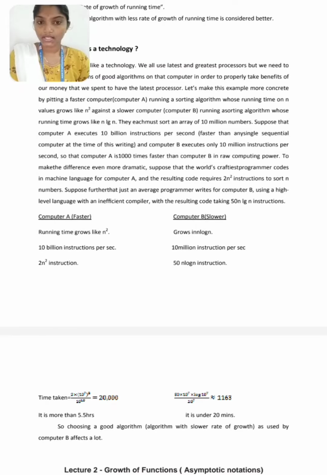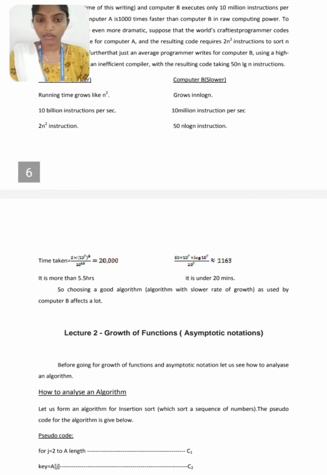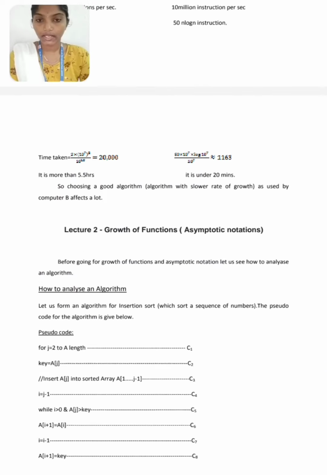Computer A, the faster one, with runtime growing like n square at 10 billion instructions per second, needs 2n square instructions; this takes more than 5 hours. Next, computer B, the slower one, growing like n log n at 10 million instructions per second, needs 50 n log n instructions; this takes under 20 seconds.